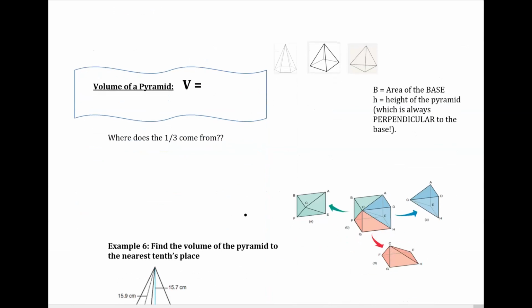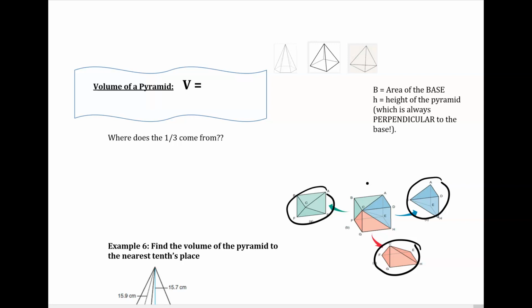All right, so the volume of a pyramid is a little bit harder to see. If I was in class, I have a really nice cube that I can show you, and a square pyramid that fits inside. The cool thing is that if you take a cube, it divides evenly into 3 square pyramids of the exact same size.